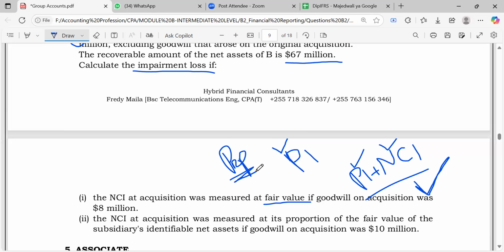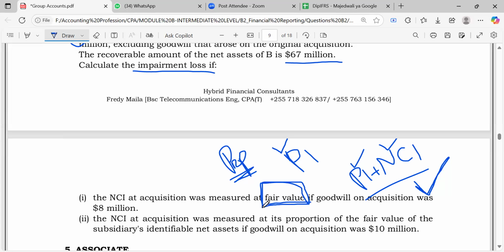Now let's try to do this question here. So, the first question says NCI at acquisition was measured at fair value. Fair value means full goodwill.